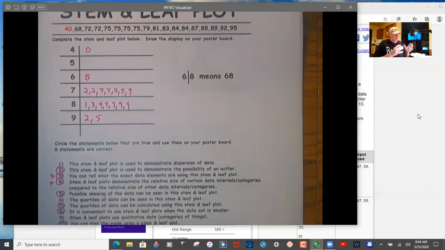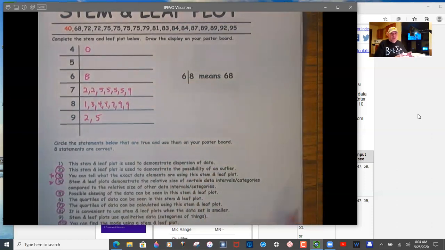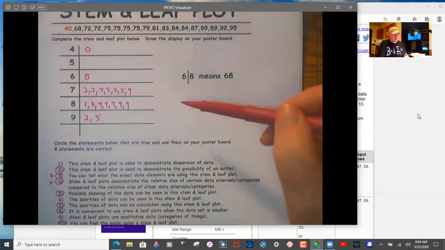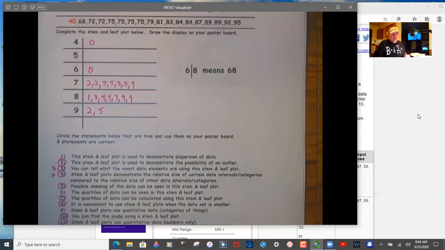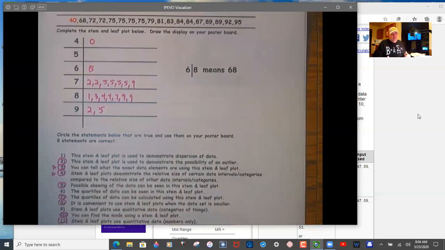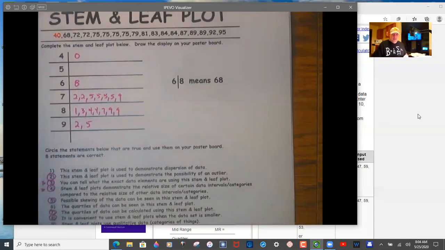So in any stem and leaf, you have the last digit, and however the number is represented is the leaf part, and then the stem is the rest of the number. You can tell what the exact data elements are, and it also demonstrates the relative size. If you turn it this way, you kind of got the histogram in a way.